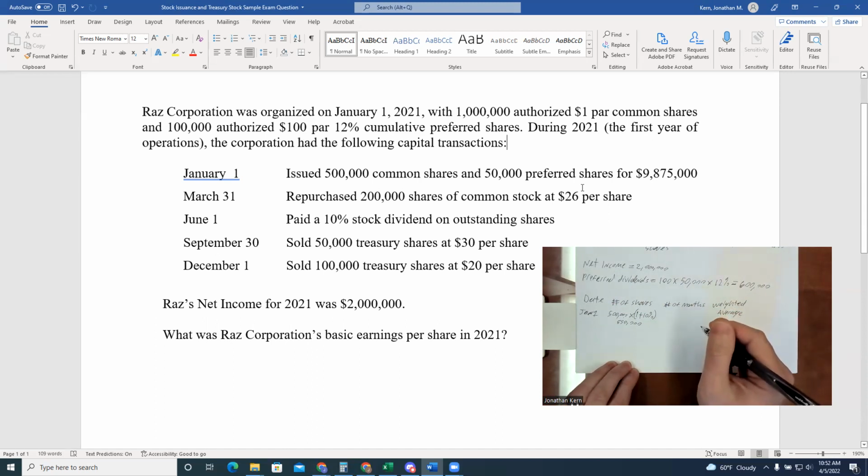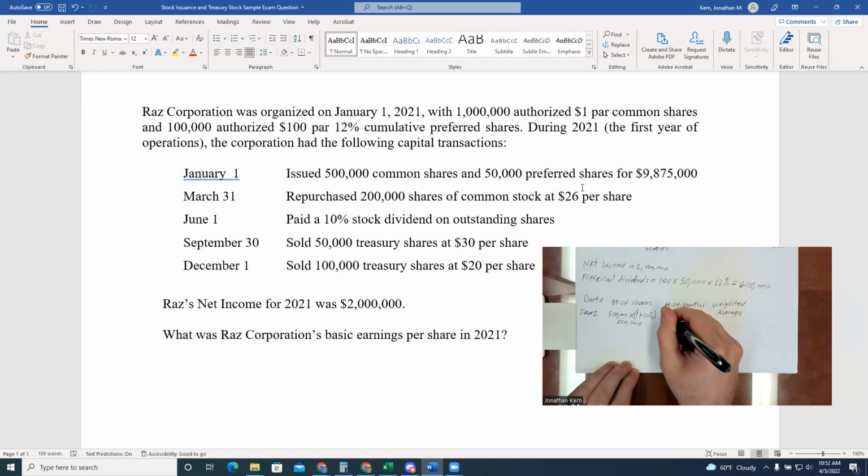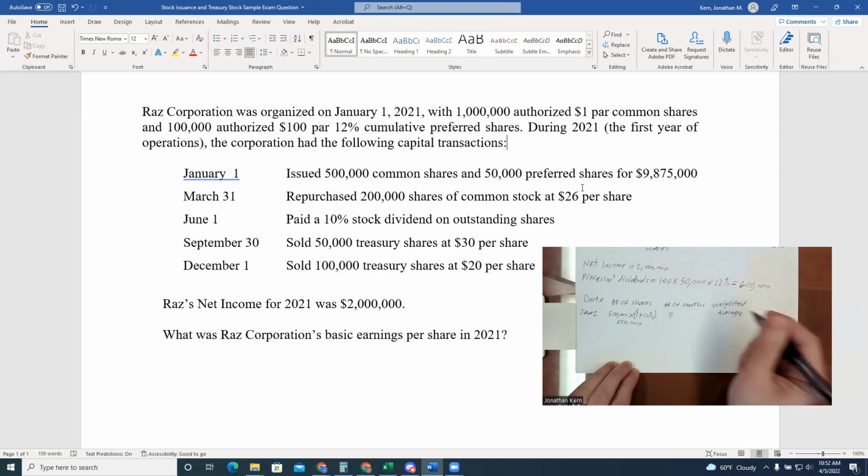The number of months that they had 550,000 shares was January, February, and March. So 3 months out of 12 months. So the weighted average shares during this time period for these 3 out of 12 months would be 137,500 shares.